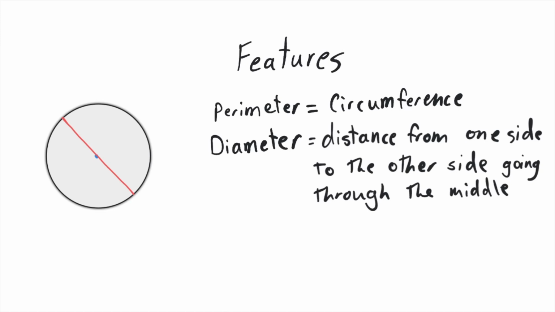That's the diameter. The next really important word, or feature that we want to remember about a circle, is called the radius. The radius is the distance from that center point directly out to the edge of the circle in the absolute shortest route possible.